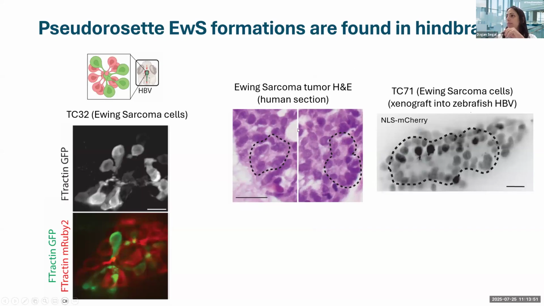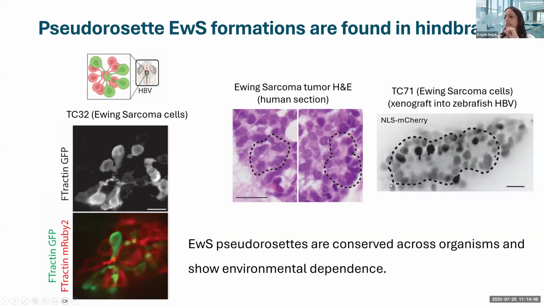And we were also able, I don't know if you see my pointer, but we were also able to see these rings, these pseudo-rosette-like structures in our hindbrain ventricle seeding sites, but not in the other seeding sites.